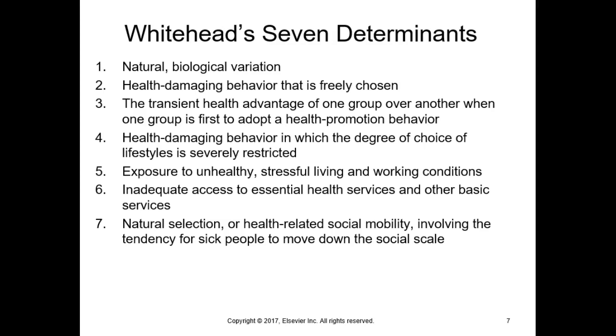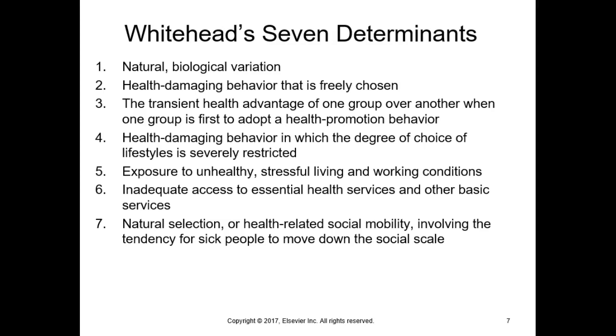We see natural and biological variations. We're looking at health damaging behavior that is freely chosen, such as eating habits, exercise, someone making the conscious decision not to take the medication, or someone using poor coping measures for reducing stress.